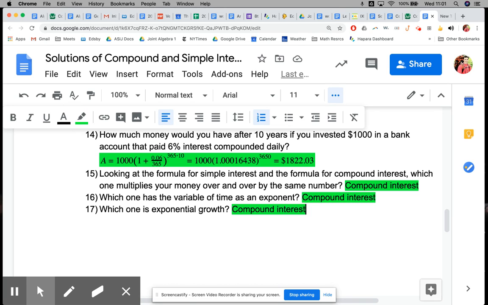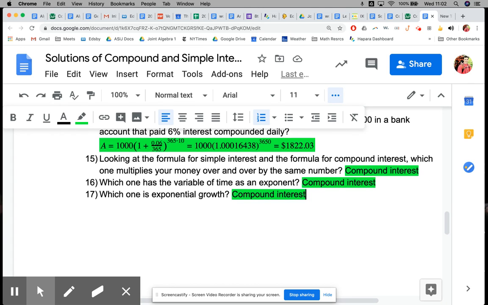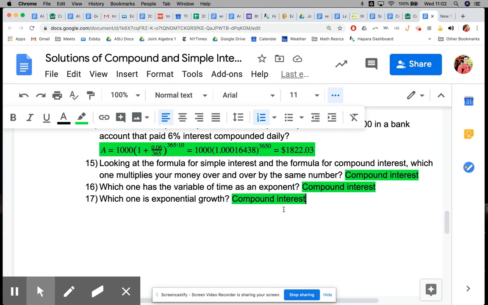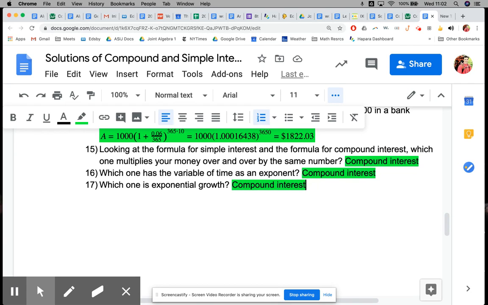We were growing by $50 every year in the first example that we did. That is a linear growth. Compound interest is actually exponential growth, however, and you would much rather have your money growing at an exponential rate rather than at a linear rate, and you will be able to make more money that way. So big difference between linear growth and exponential growth, the difference between simple interest and compound interest.